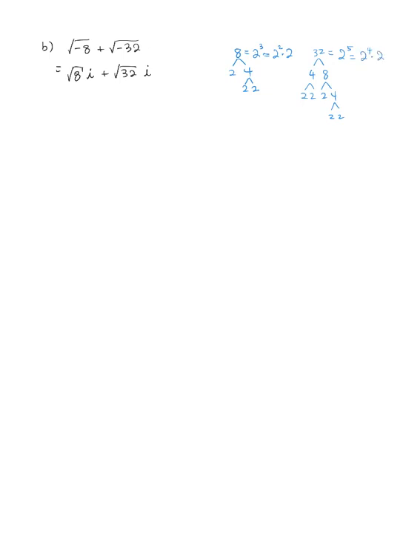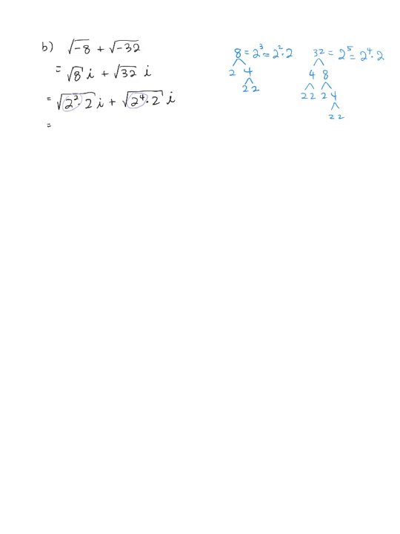Alright, I'm going to rewrite the square root of 8 as 2 squared times 2, and then i, plus the square root of 32, 2 to the 4th times 2, and then i. Alright, so let me circle the perfect squares. I could simplify these under the square root.